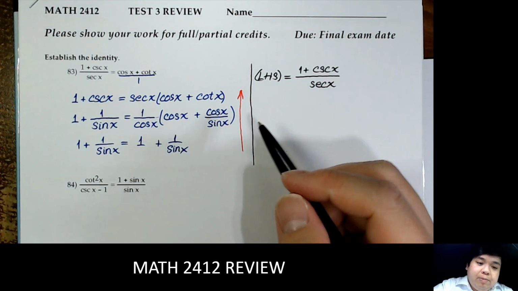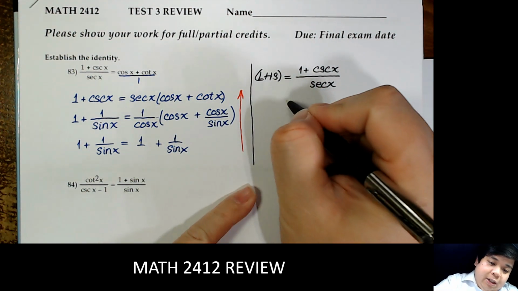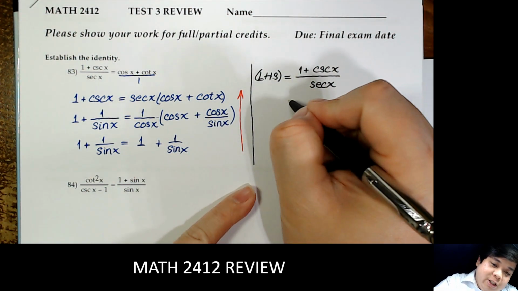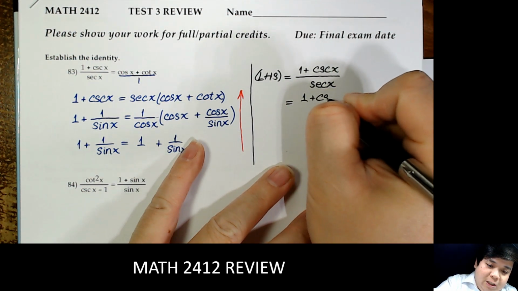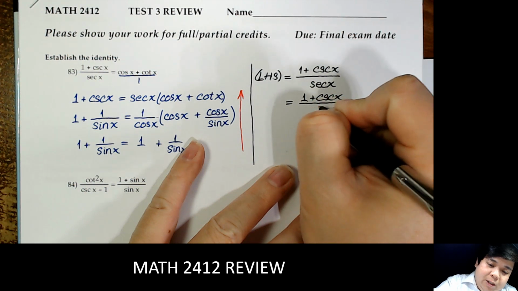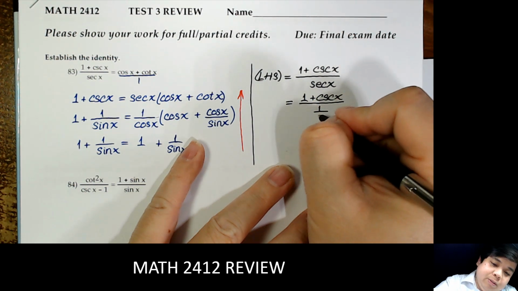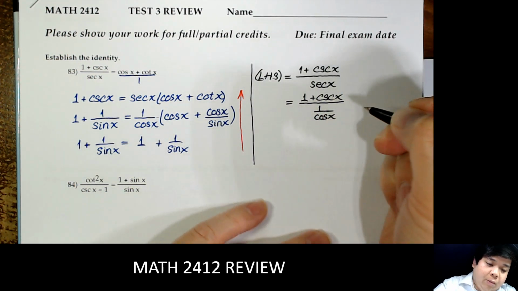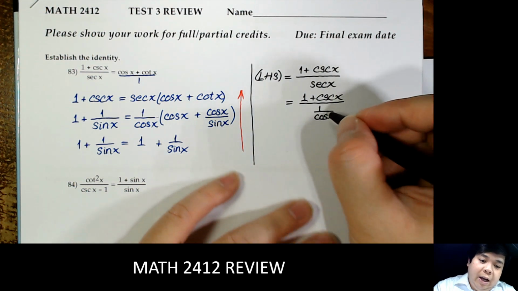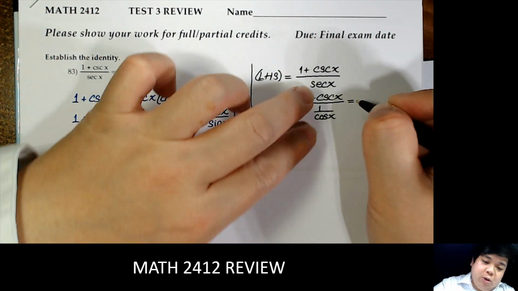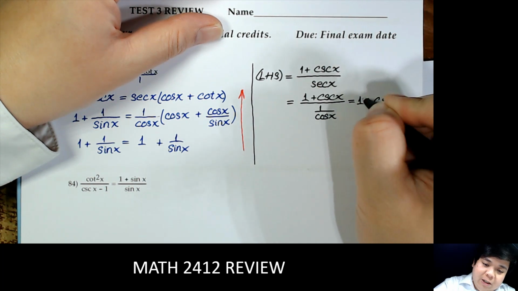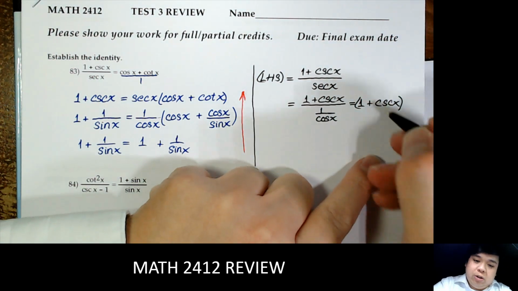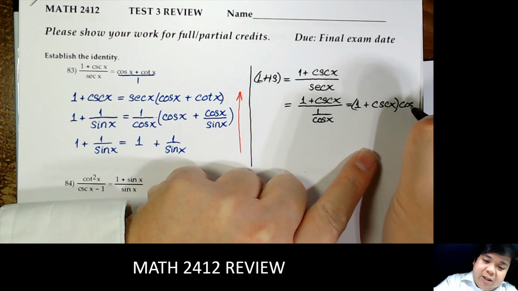What we do is just we write secant as 1 over cosine. And then divide fraction is multiply reciprocal, so we're going to flip it. We have 1 plus cosecant of x divided by 1 over cosine is multiplied by cosine of x.